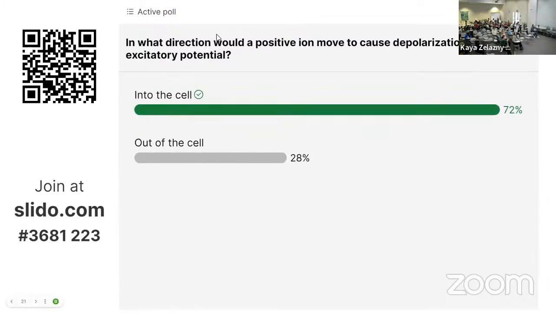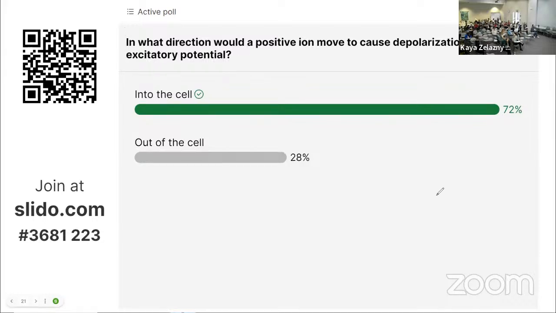All right, cool. Yeah, so the depolarizations are going to be caused by positive ions moving into the cell, right? So when we have that positive charge come into our cell, and if we were at -70 and we add a positive charge into the cell, well, maybe we're at -69 or something, right?